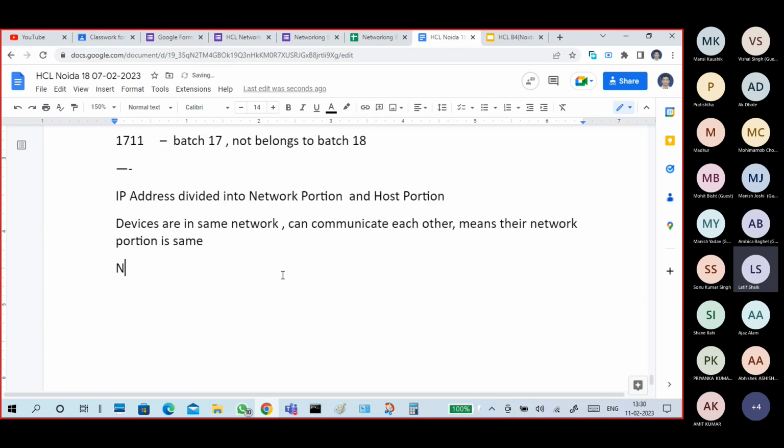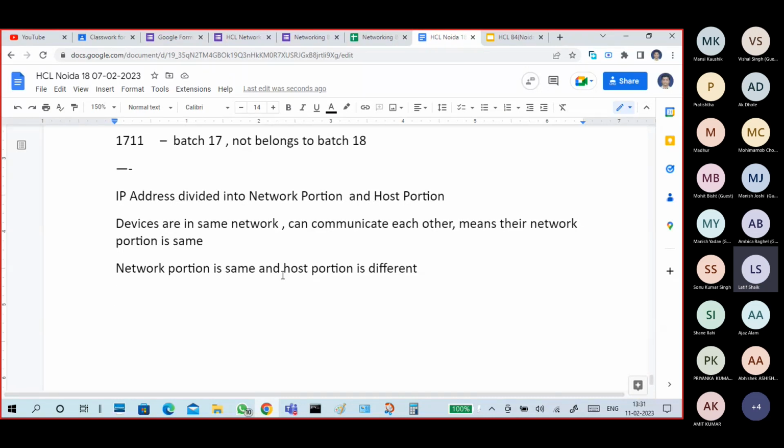Not the entire host portion, at least some part of the host portion is different.